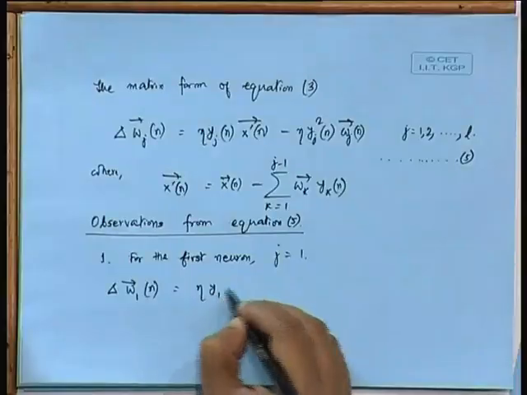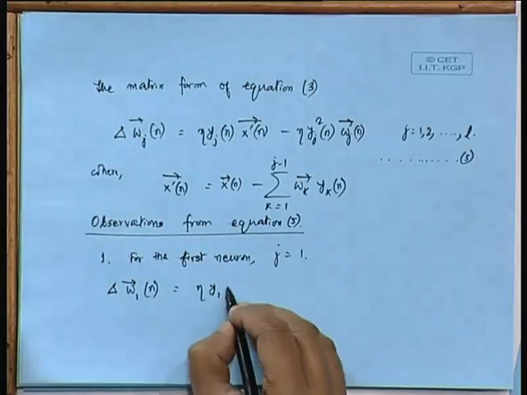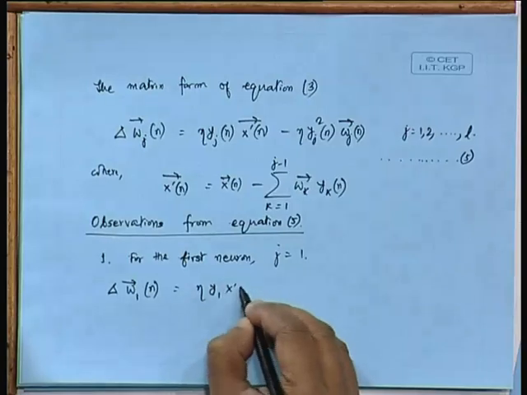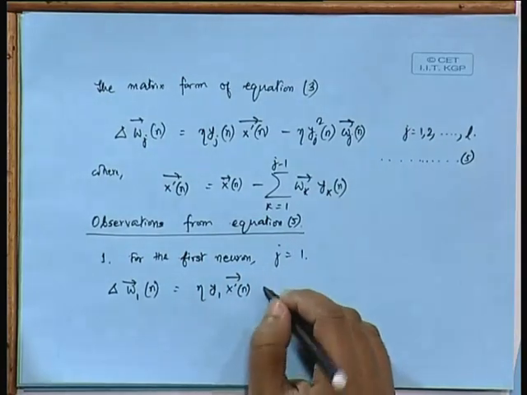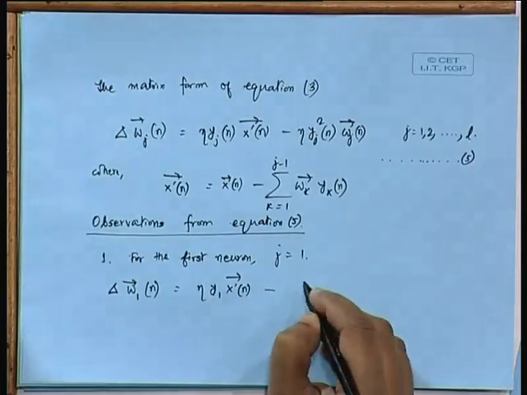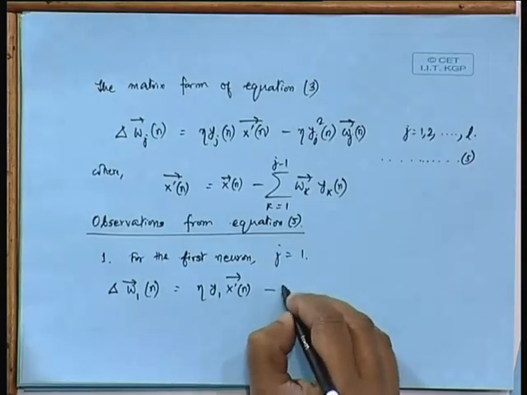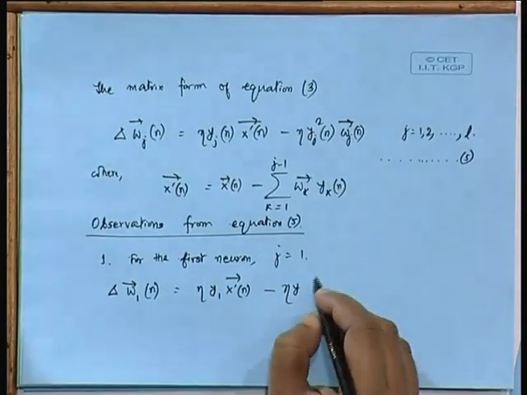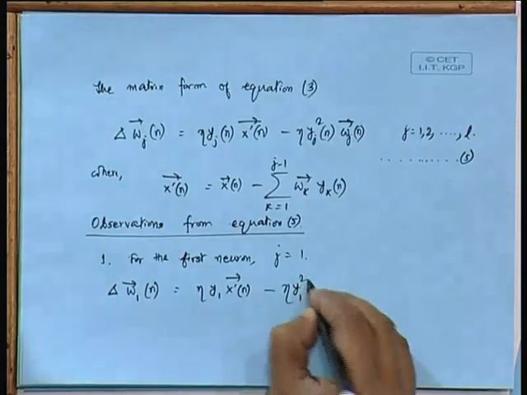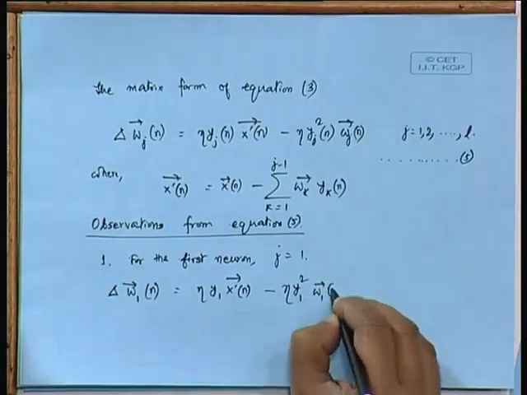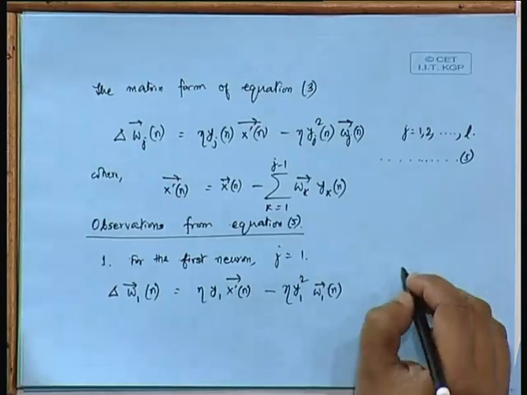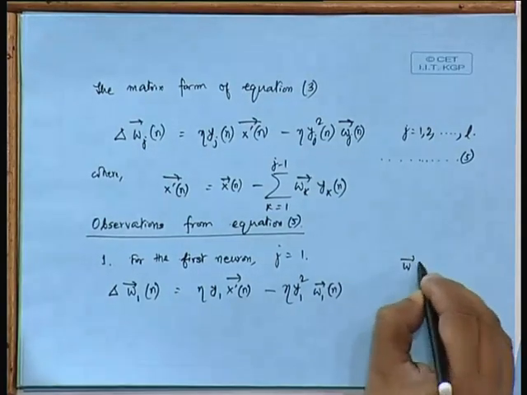It is equal to eta y 1 x prime n, and then we have got minus eta y 1 square w 1 n. Now, instead of w 1 n, we can write w n.